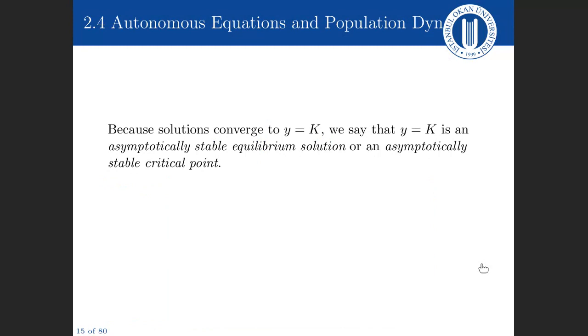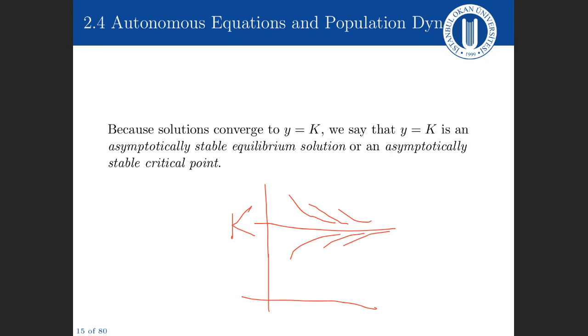We can classify the equilibrium solutions. Note that because the solutions are curving towards y equals k, the graph looked like this. This was k. The solutions were curving, converging towards it, like this.